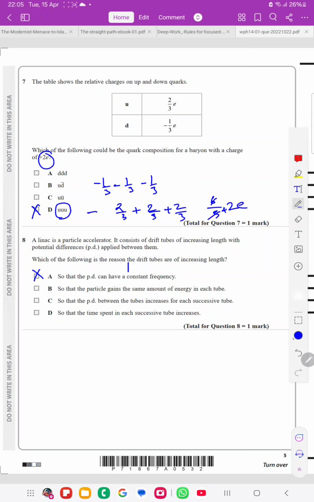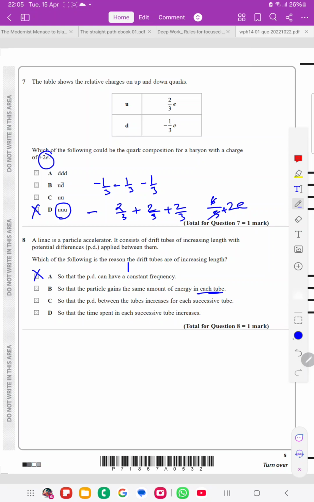Option B is not correct, because the particle gains energy not within the tube, but in between the gaps of the tubes, and within the tube, which is hollow, it moves with a constant speed. So B is not the answer. Option C, so that the PD between the tubes increases for each successive tube.